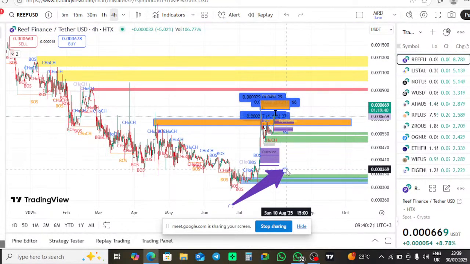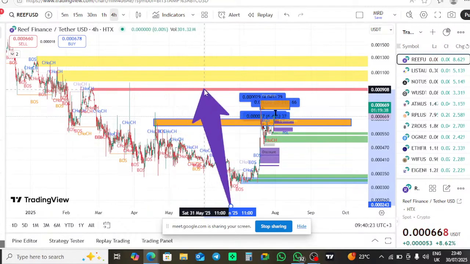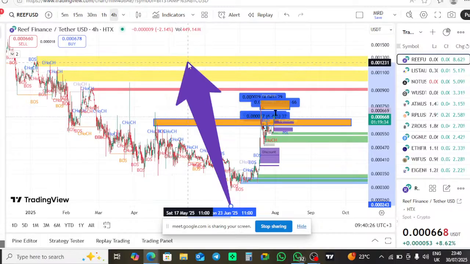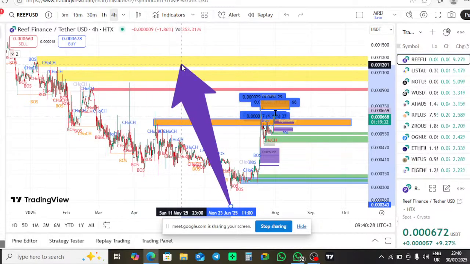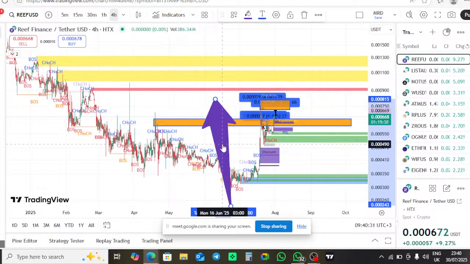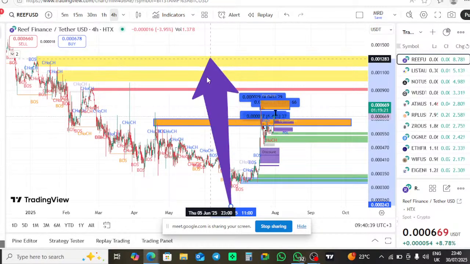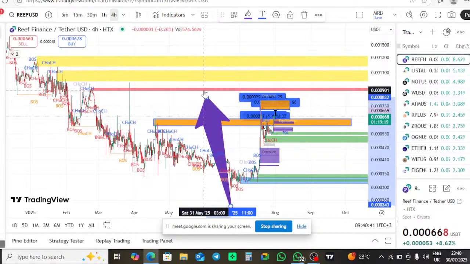This is the supply now: this small red and this yellow one and the following yellow one. But remember, I told you we have minor supplies and major ones. This red is minor and the following ones are major. So when you are targeting, you first target the minor one. Are we together?